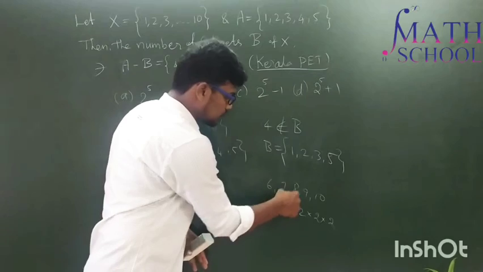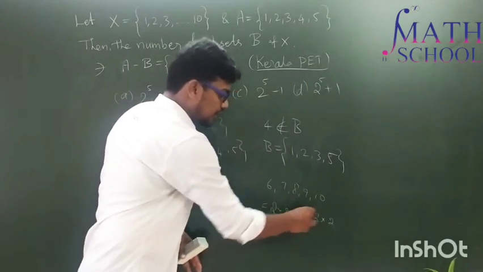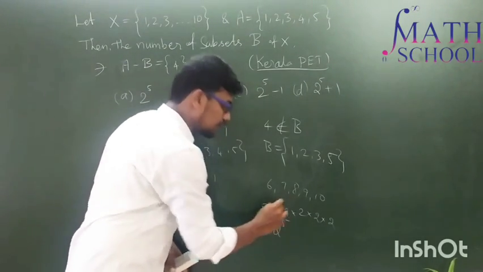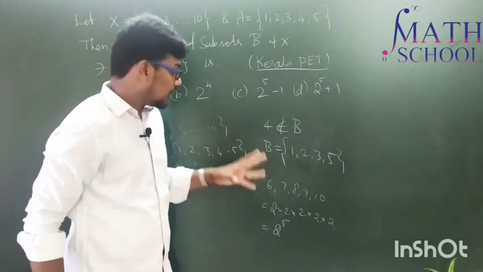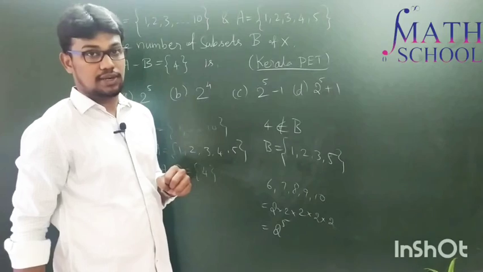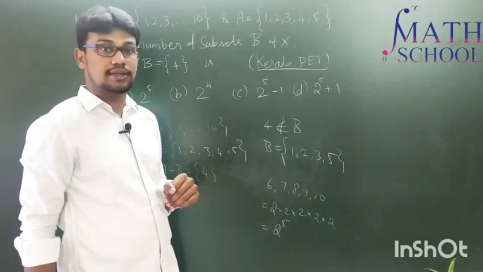So totally we will have 2 to the power 5 possibilities, which means we can have 2 to the power 5 B sets from the given data.